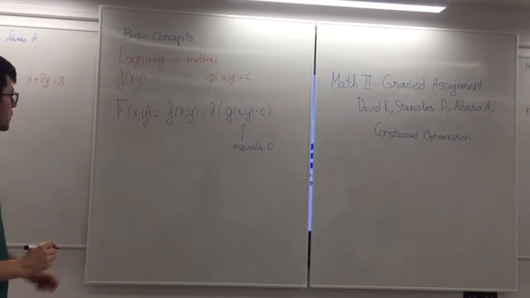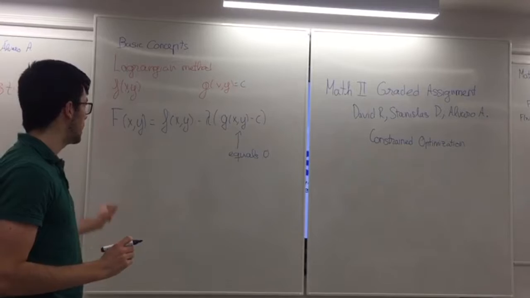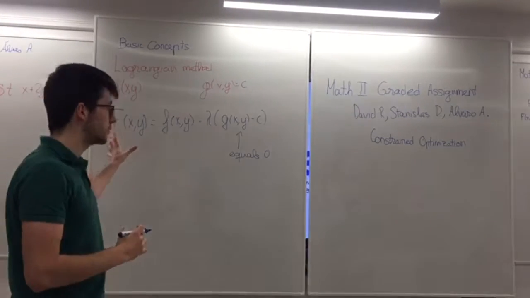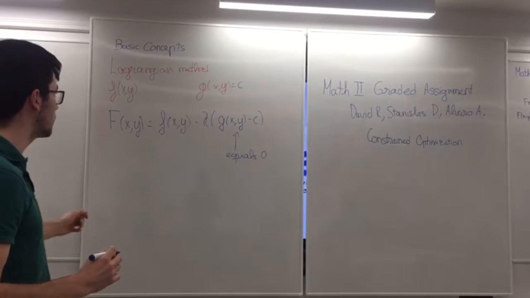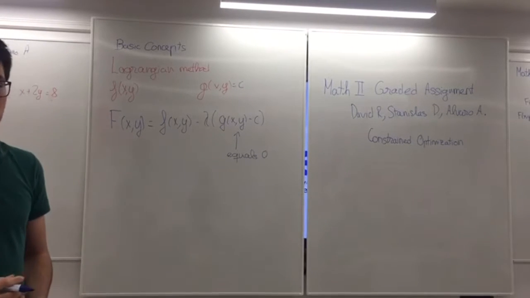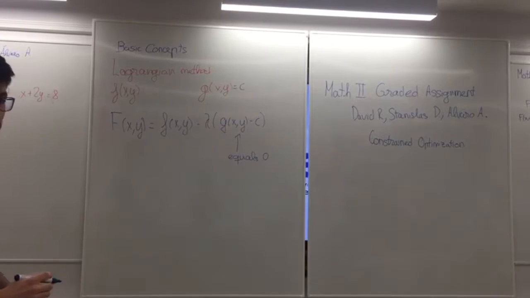After this, we would have to differentiate this function with respect to x and with respect to y, and then set equal to 0 and solve. And that's what we'll see in this example.